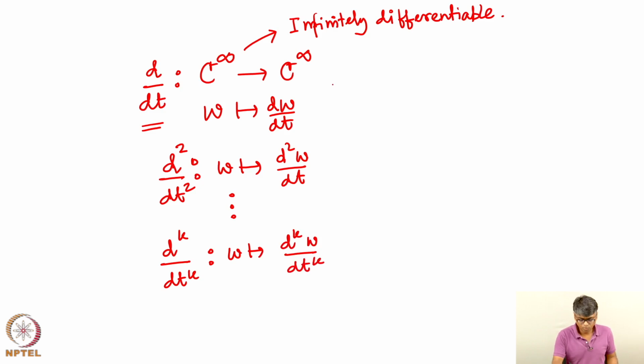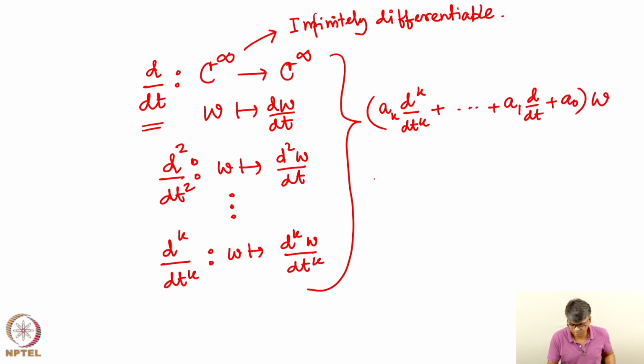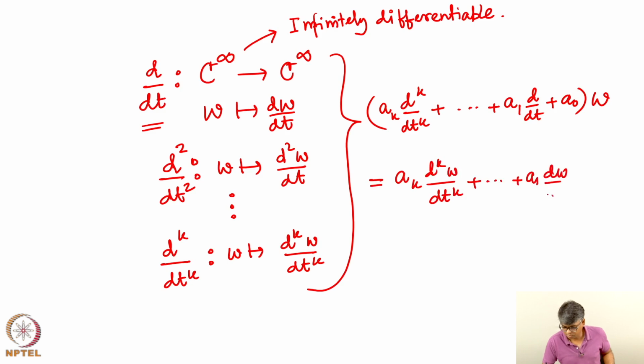Now, one can also have a combination of these operators, namely something like a_k d^k dt^k plus dot dot dot plus a_1 d dt plus a_0 acting on w. What does this produce? This produces a_k d^k w dt^k plus dot dot dot plus a_1 dw dt plus a_0 times w.